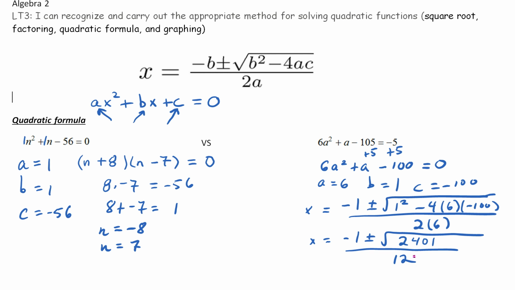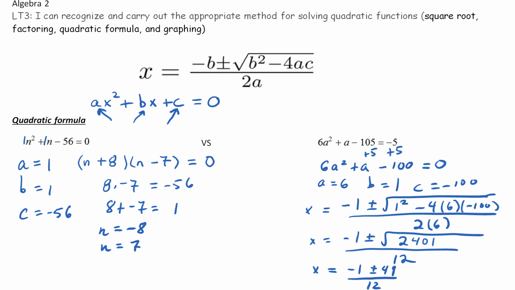And if I do the square root of 2,401, it is 49. So it can be x equals plus or minus 49 all over 12.